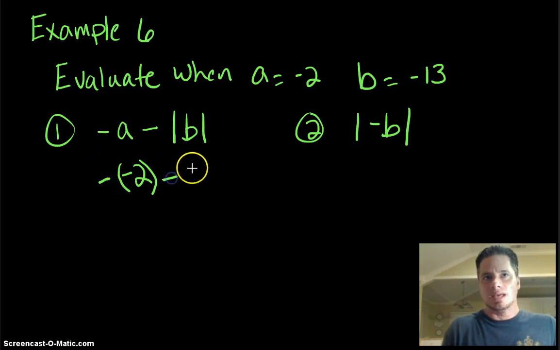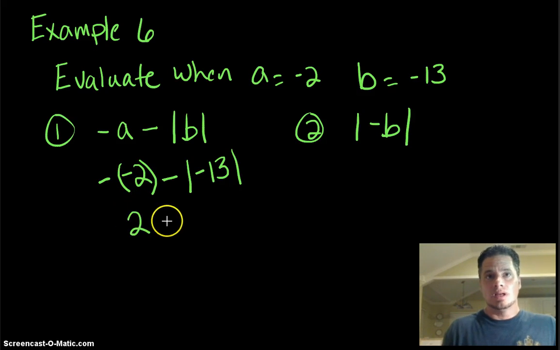This minus sign is here, and then the absolute value of -13. Now when I have two minus signs together, that gives me a positive number. So that gives me +2. Minus, now what's the absolute value of -13? It's +13. Then 2 minus 13 gives me -11.